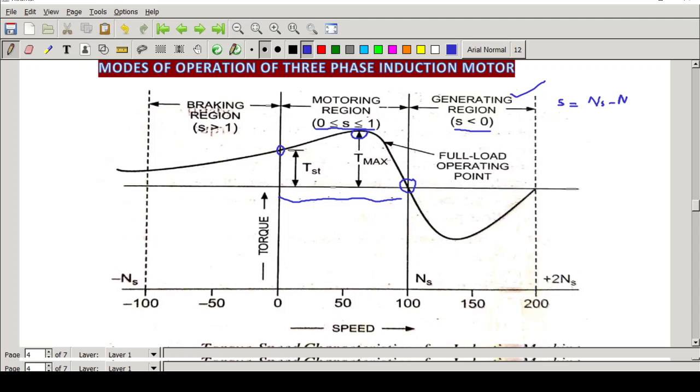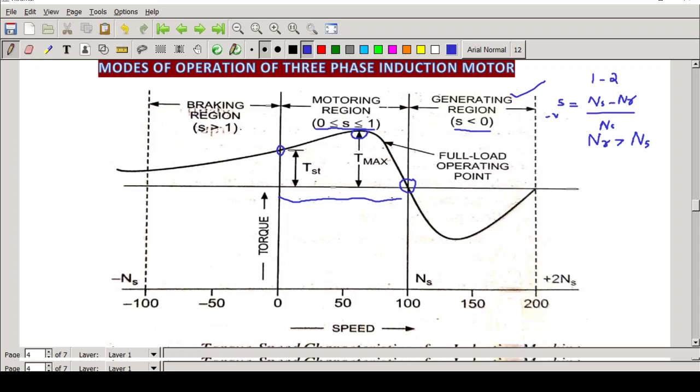If slip has to be less than 0, the rotor speed should be greater than the synchronous speed. For example, if ns is 1 and I take nr as 2, then the value of s becomes negative. So for this condition, the rotor has to be run at a speed more than the synchronous speed. At that time it is acting as a generator, providing the electrical output. That is called the generating action, and in this mode the slip will be less than 0.